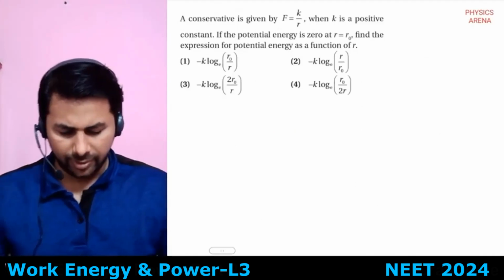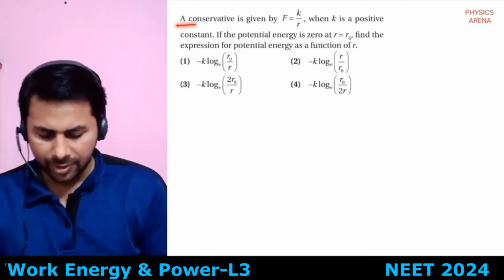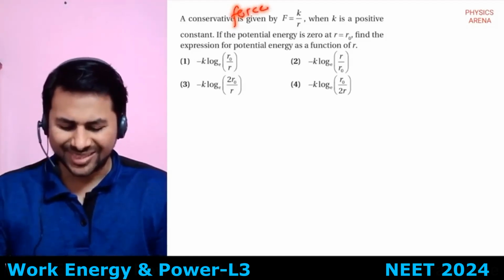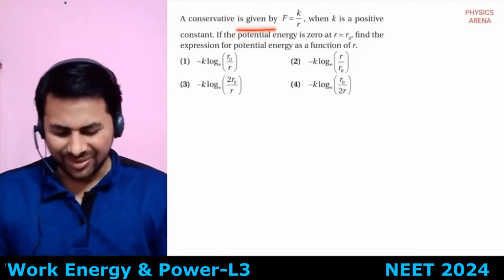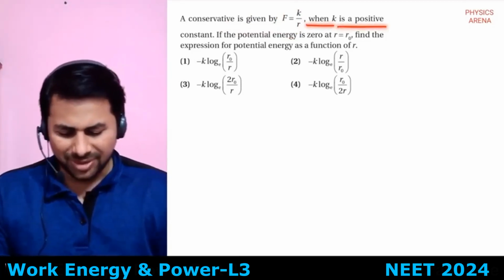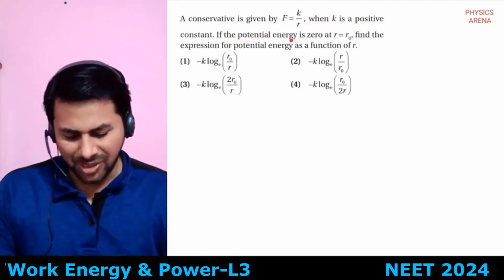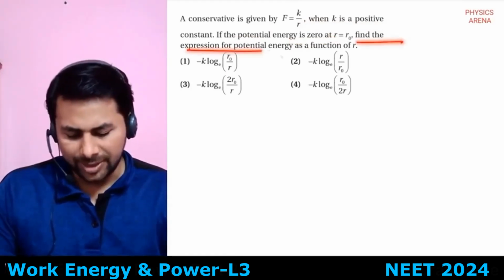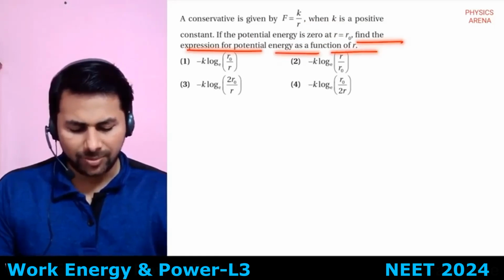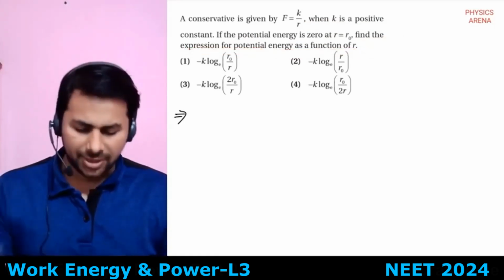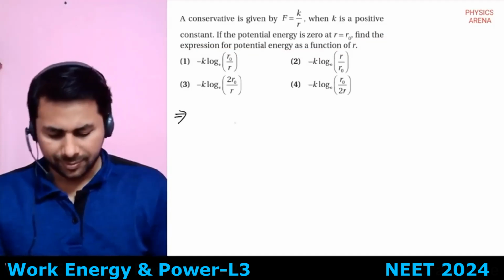Okay, good. Let's see the next one. A conservative force is given by F equals K upon R, where K is a positive constant. If the potential energy is 0 at R equals R naught, find the expression for potential energy as a function of R. So they're just asking you to integrate.